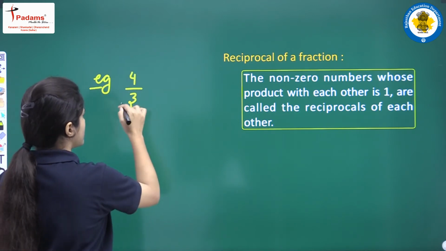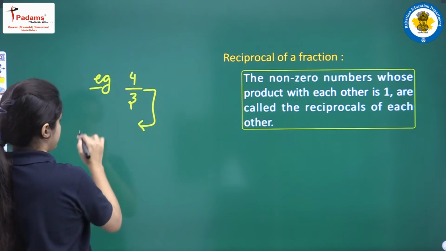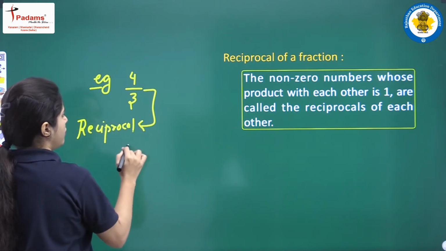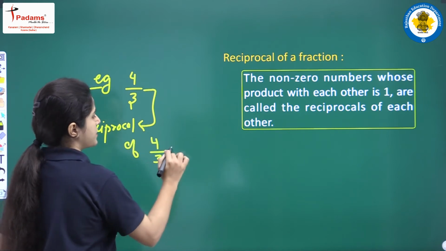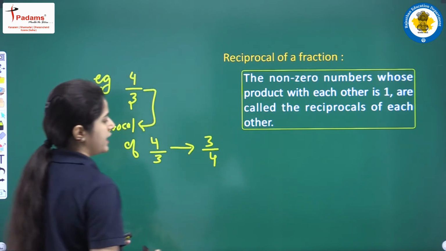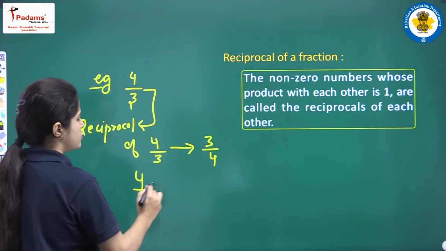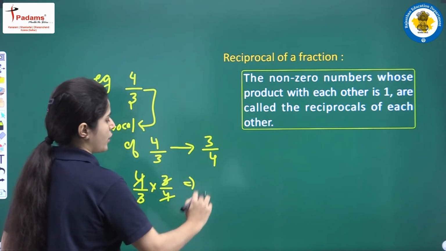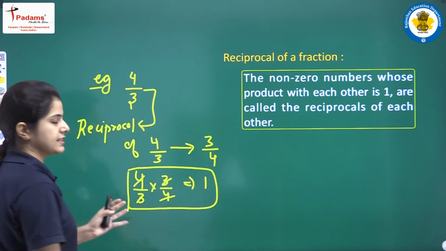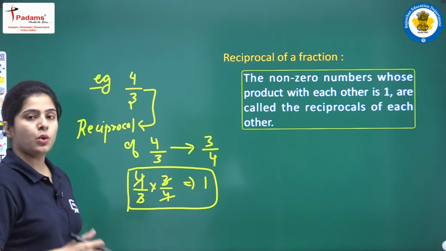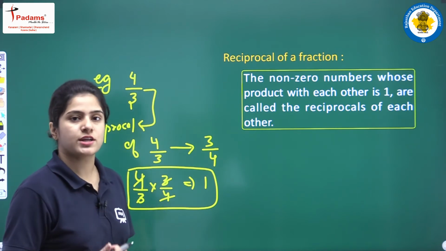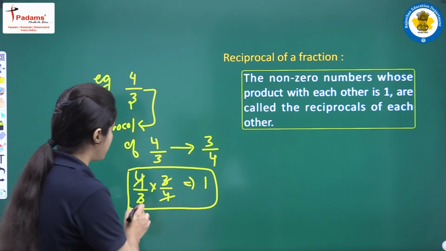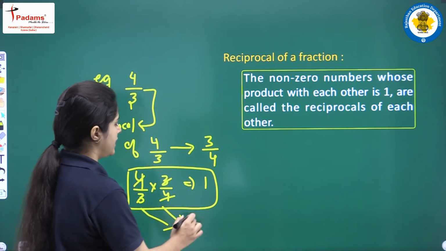The reciprocal of 4 upon 3 is equal to 3 upon 4, okay. How? When I multiply these two, their product is equal to 1, alright students. You can clearly see that their product is equal to 1. So, any two non-zero fractions that give 1 when multiplied with each other are reciprocals of each other, okay.